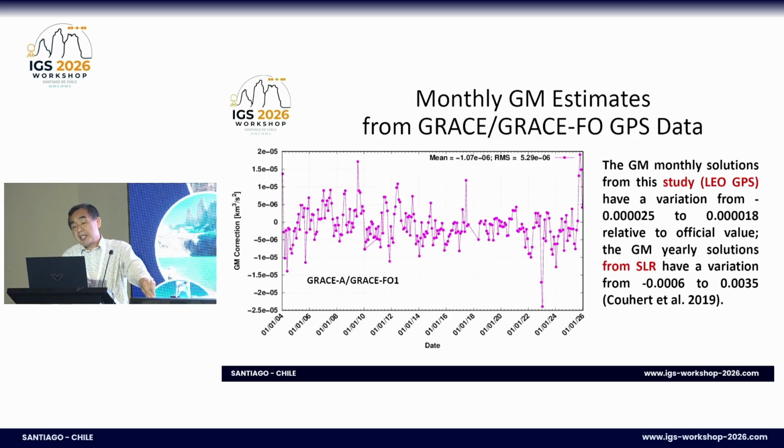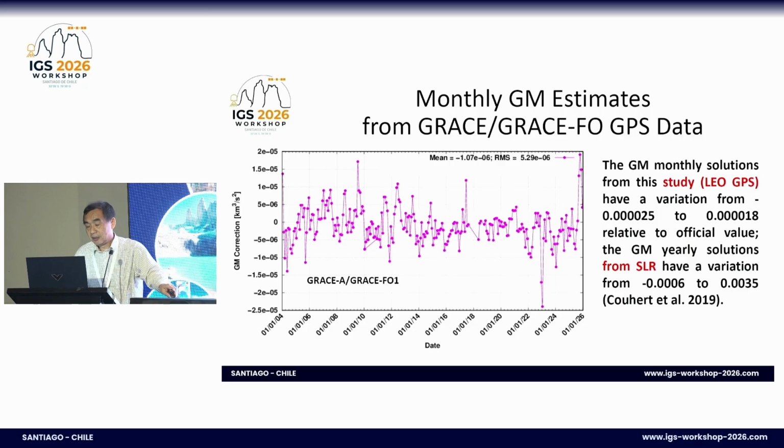You can see the mean, standard deviation, and RMS are at the same level, 10 to the minus 6. The variation is very small. Compared with SLR, it is 1 order of magnitude smaller. This means we can use just 1 month and get a very stable solution for GM for 20 years.